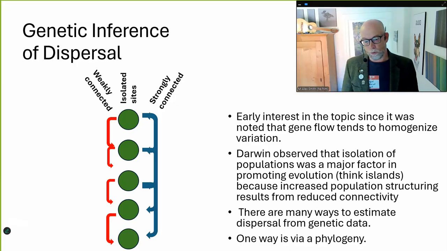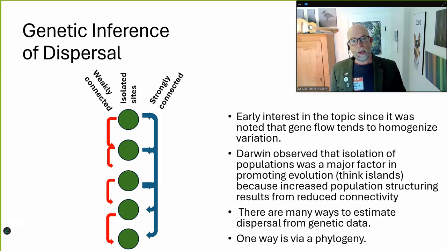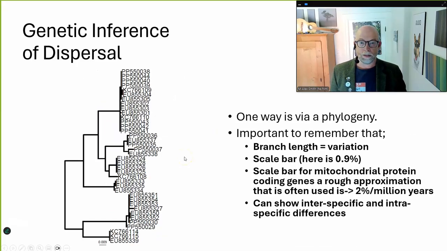One of the simpler ways that we're going to do is to infer it based on the shape and the relationship of inter- and intra-specific relationships visualized on a phylogeny. The little schematic here is just that we've got these isolated sites. Perhaps these are thermal vents that are more strongly connected by planktotrophics, for instance, or weakly connected by something that's falling out of the current more quickly.